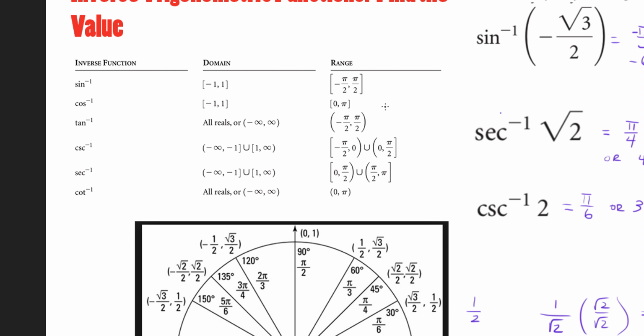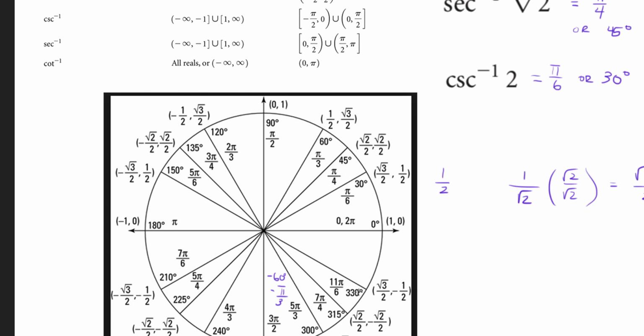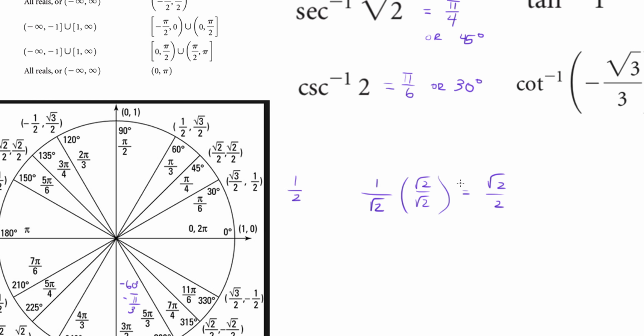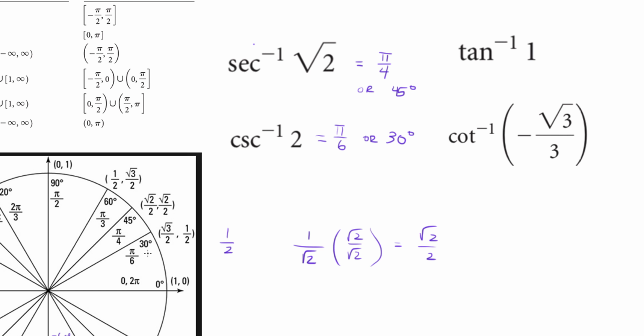So it's very similar to memorize with sine inverse. Okay, so again, it's in the first and fourth quadrant by going in the negative angles. Now, since it's positive, tangent inverse of 1 is going to be pi over 4 or 45 degrees.